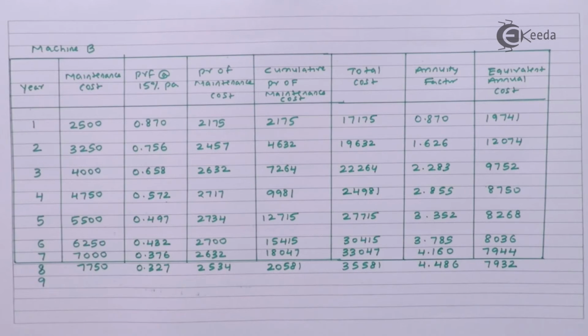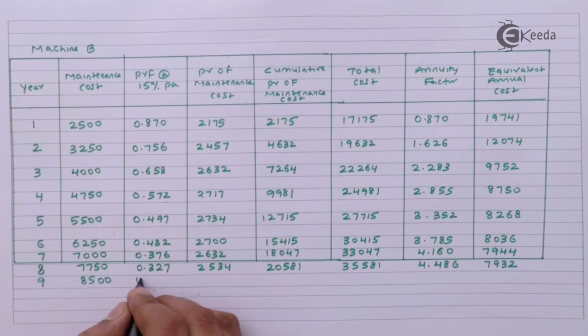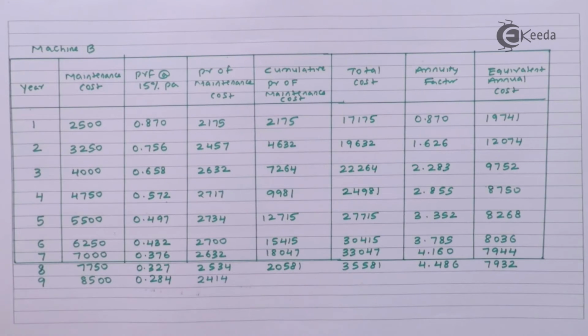This will be 7750 plus 750, 8500. This will be 0.284 multiplied by 8500, 2414 plus 20,581. It will be 22995 plus 15,000 will be 37995 and this will be for 9 years it will be 4.7716.